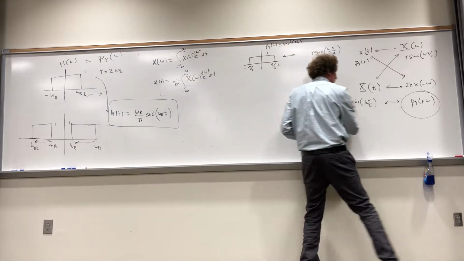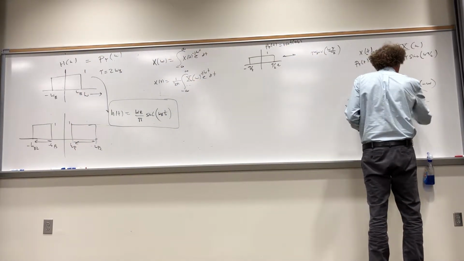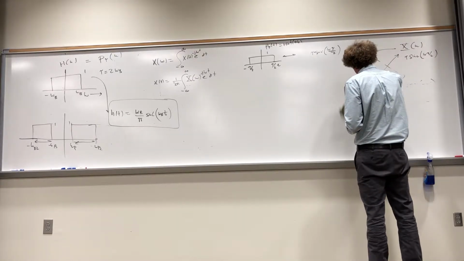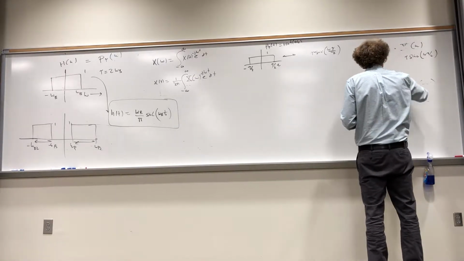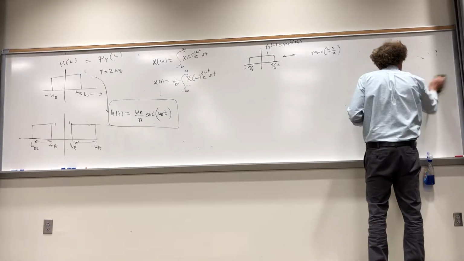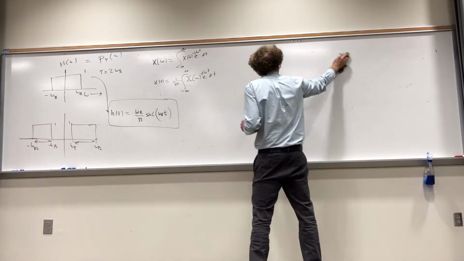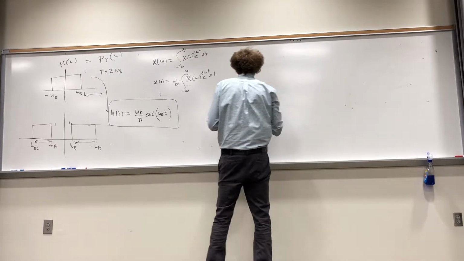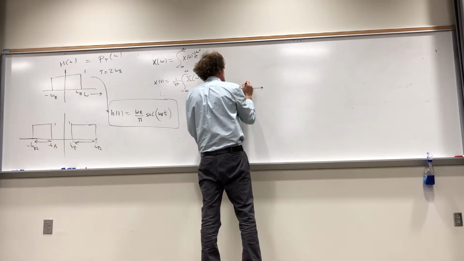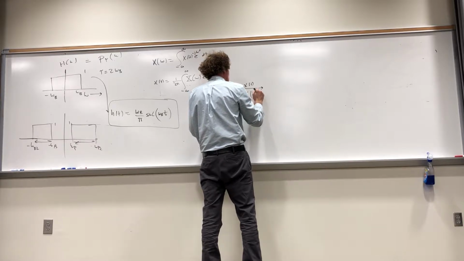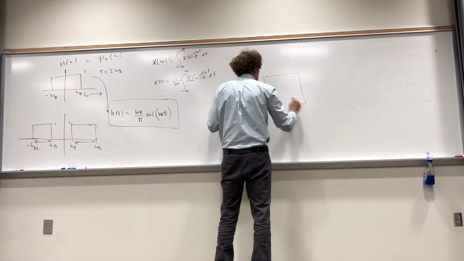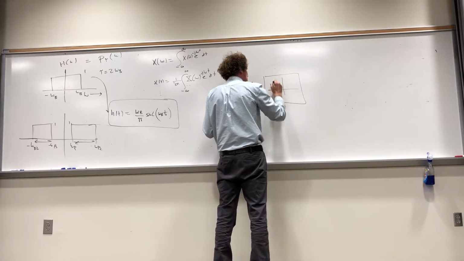I'm going to make a point here. It's an important point. I want to make sure everybody sees this. Now what I'm saying is, if I have a filter with an x of t, with an x of omega going in, and my filter property is this.